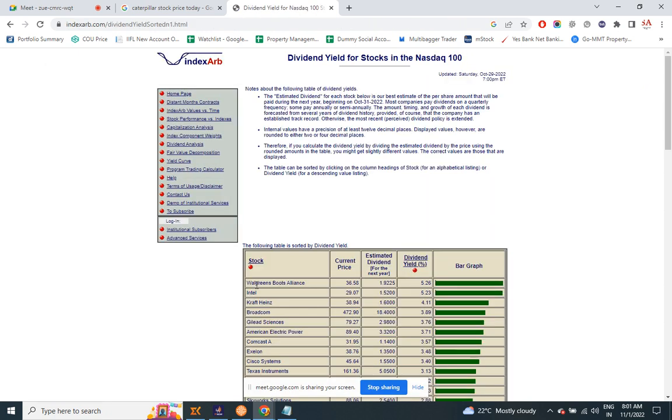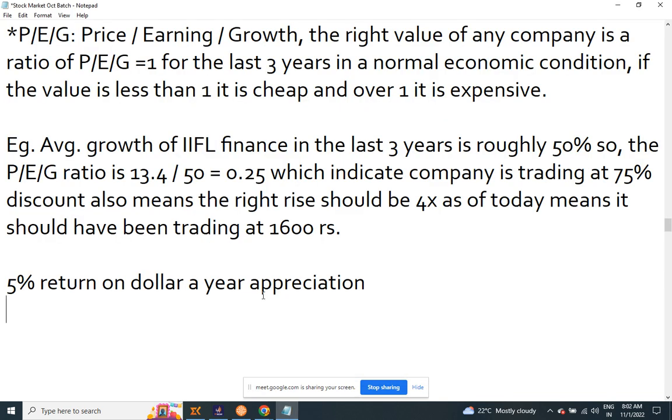So dividend yield of some of the companies, say Walgreens Boots Alliance, Intel. Intel is giving an attractive dividend. Kraft Heinz, Broadcom, Gilead, Comcast, approximately you can make 3% only on dividend.